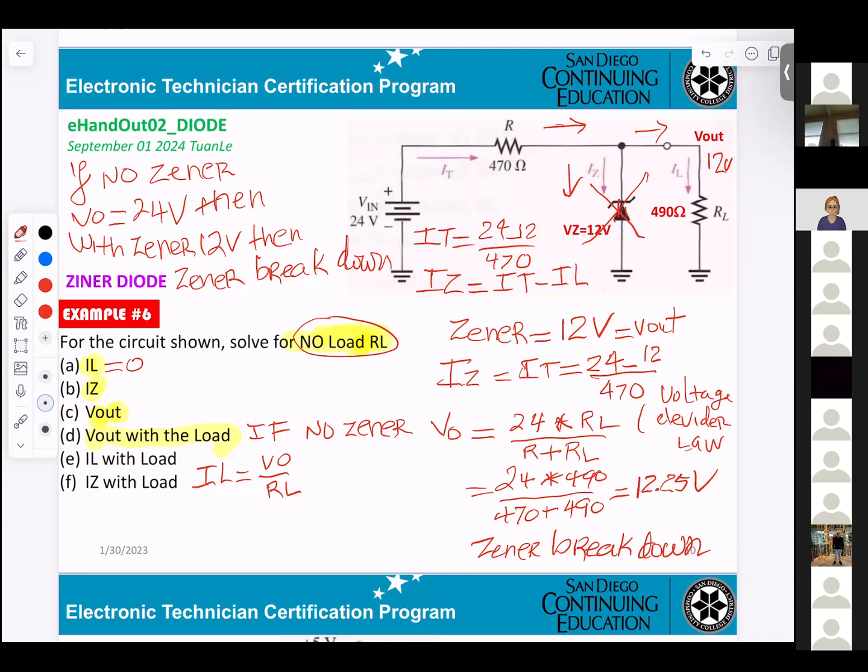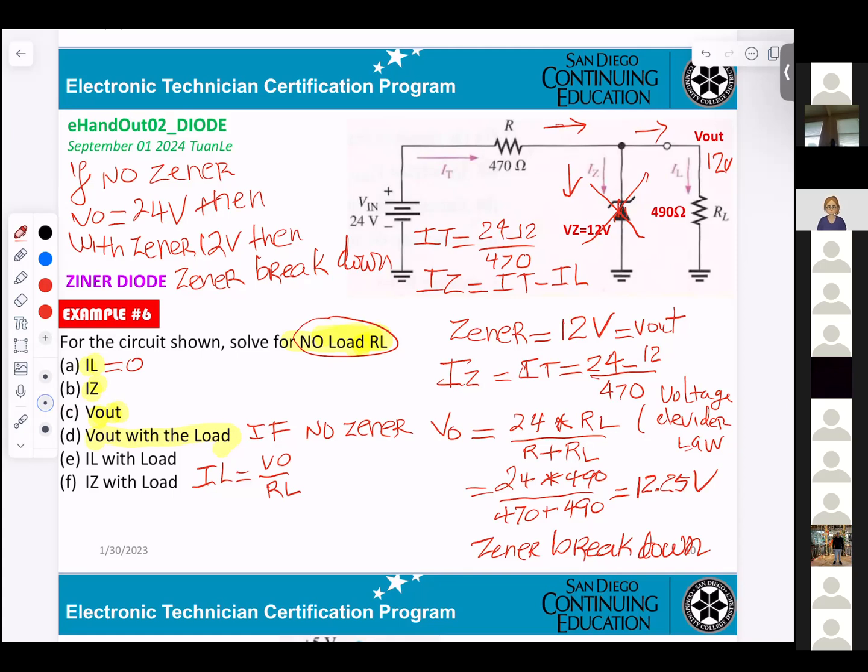Memorize, like for a diode being on: the voltage VD has to be greater than 0.7 volt. What is VD? VD is the difference between the voltage at the anode and the voltage at the cathode.